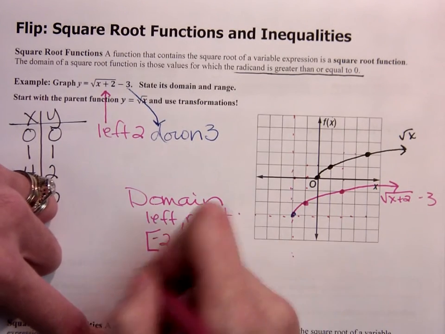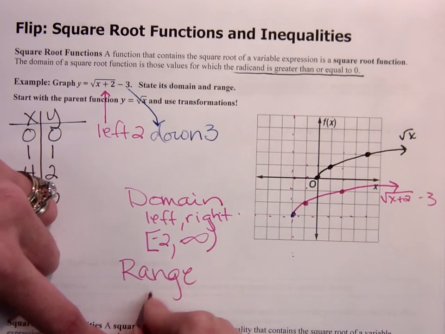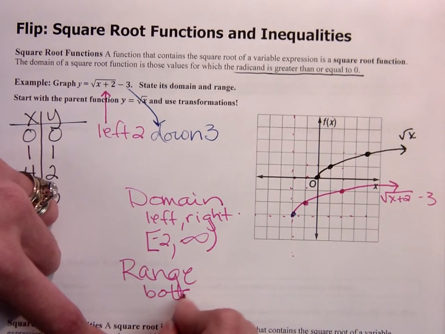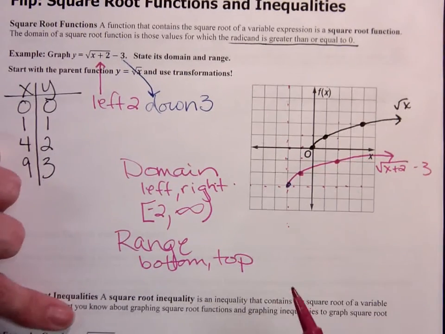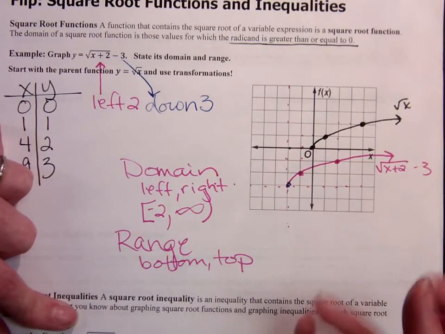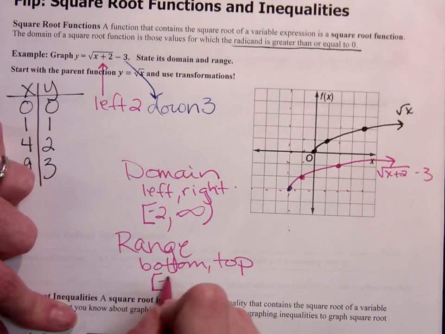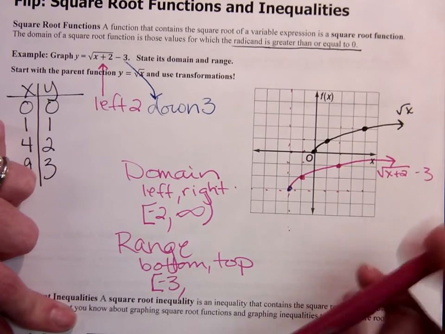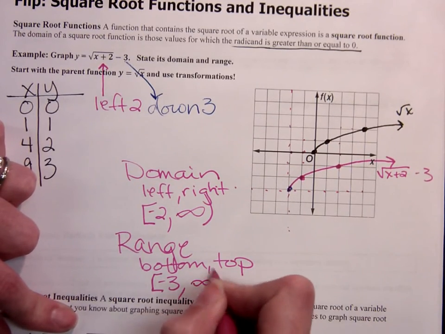And my range, always from the bottom to the top, because again, minimum to maximum. I drew my cutoff down here, that's at -3. And as we move up, it continues increasing, positive infinity.